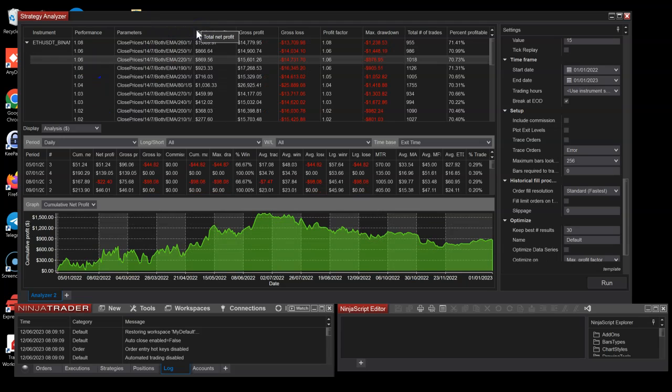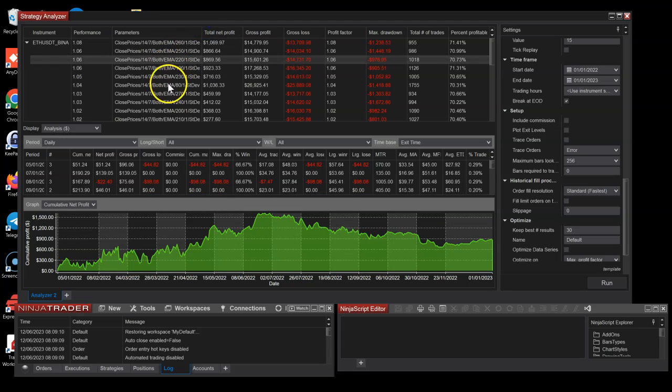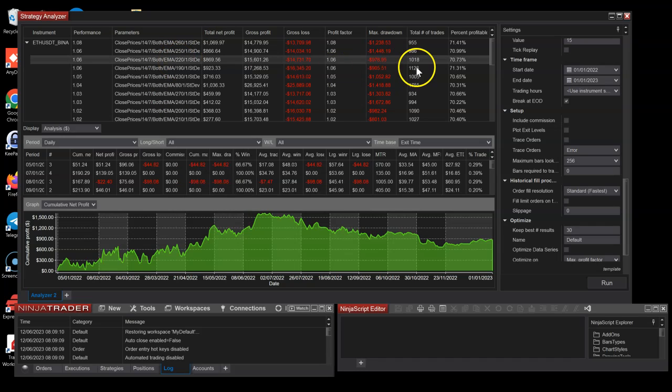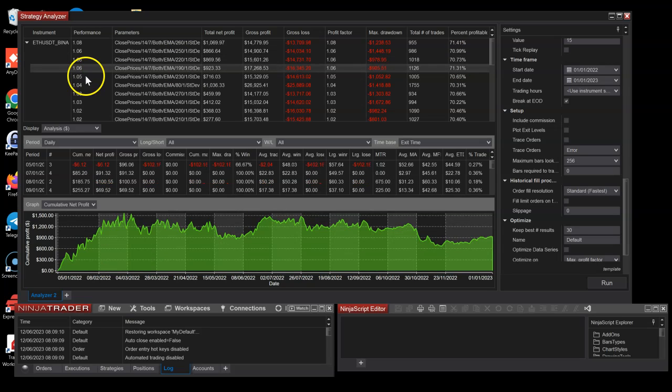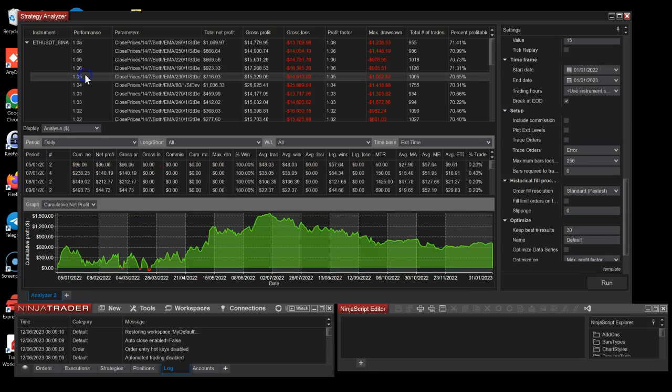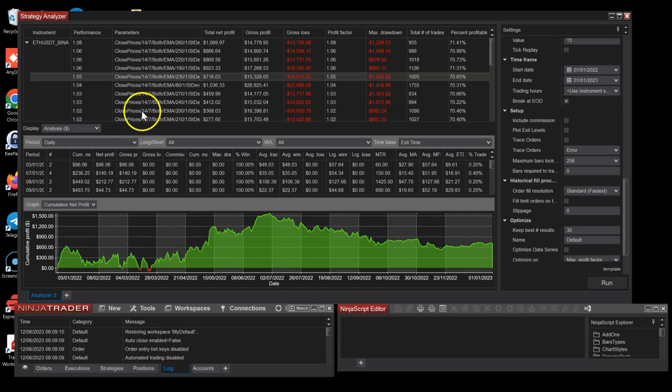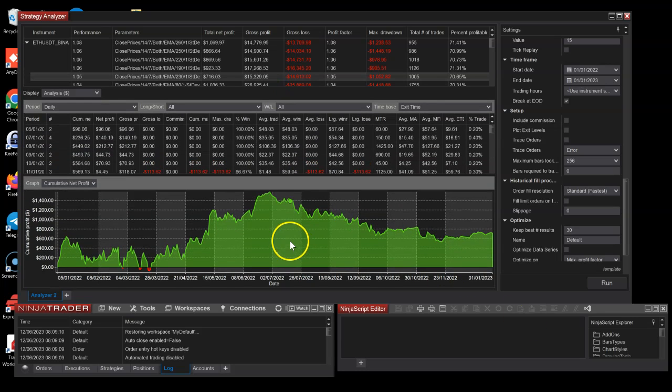So this is all EMA, and we can see the period 260, 250, 220. Quite a lot of trades, a very good percent profitable. Okay, so this is all MA. That's interesting results.